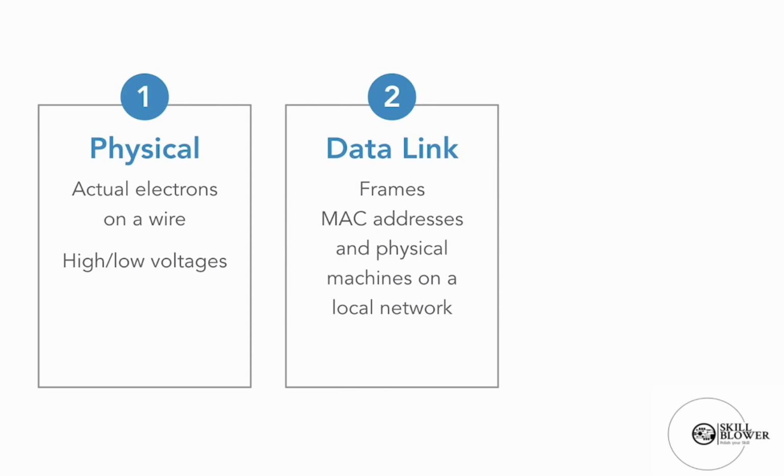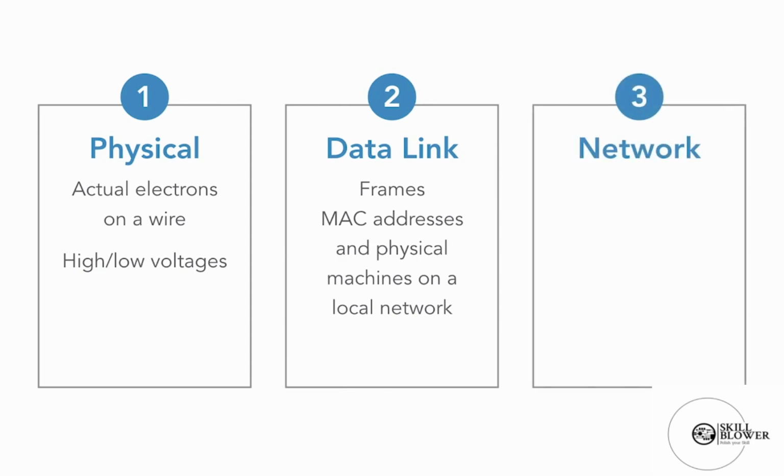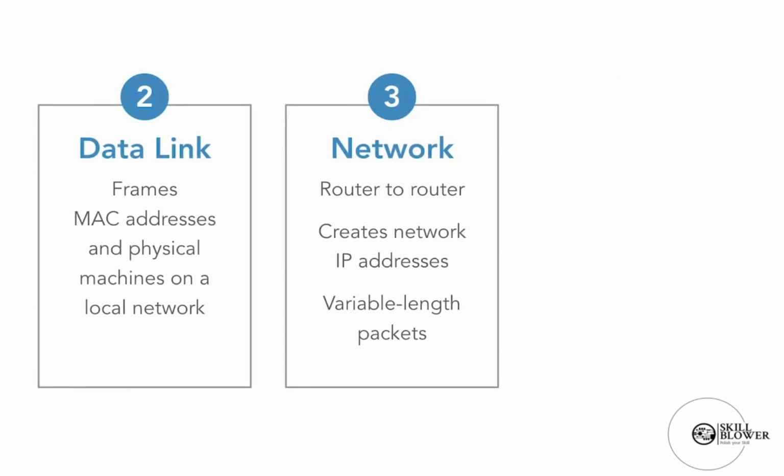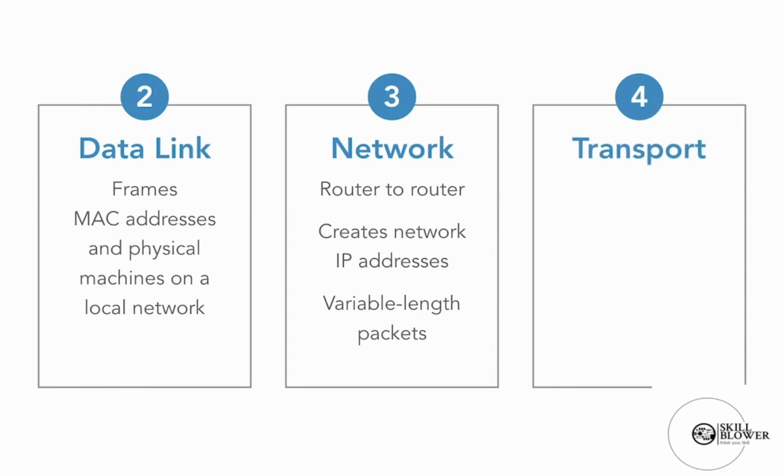Then you have the networking layer, or the network layer. This connects routers together. This is also the first layer where we get variable length, discrete packets, and IP addresses. So if you can talk to your local printer but not reach the internet, that's a network layer problem. Then we have the transport layer. This provides connection-oriented communication between hosts.